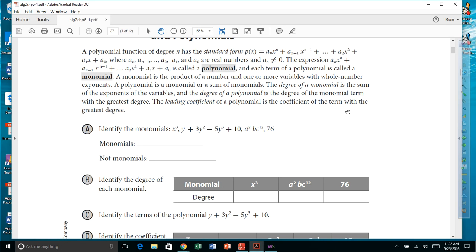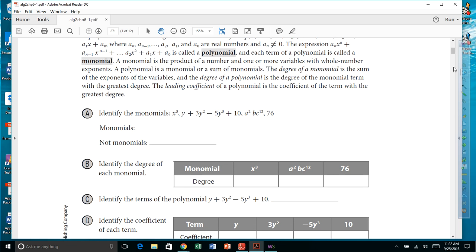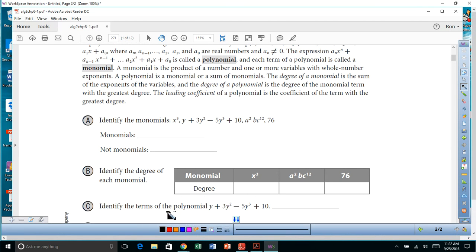Here's a good definition for a monomial: a monomial is the product of a number and one or more variables with whole number exponents.